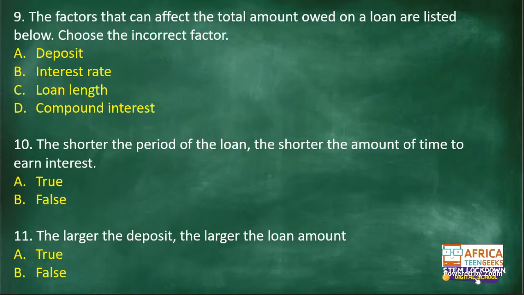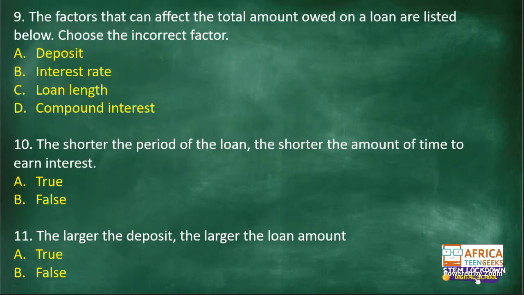But the one who pays 30,000 rands, the loan amount will be 70,000 rands. So in other words, the larger the deposit, the smaller the loan amount. If you pay a large deposit, your loan amount will be small.